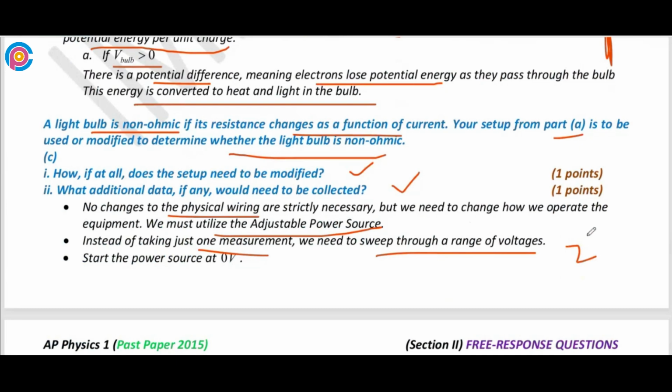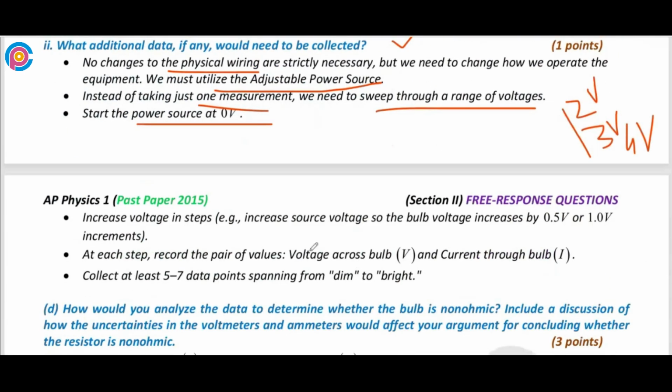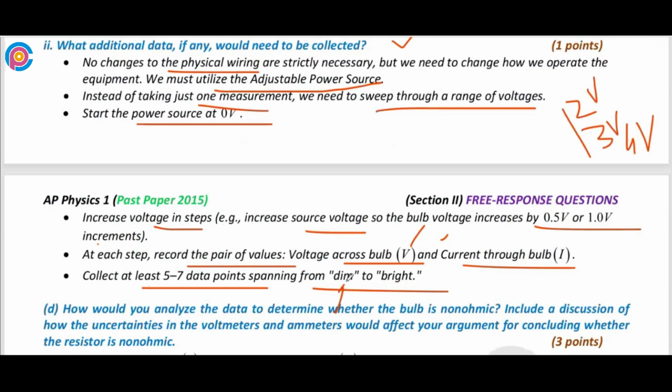We start from 0 volts and increase the voltage step by step, in increments of 0.5 to 1 volt. At each step we find a pair of values: the potential difference across the bulb and the current through the bulb. Collect 5 to 7 data points from dim to bright. Dim means lower voltage, bright means higher voltage, as we provide the potential difference.